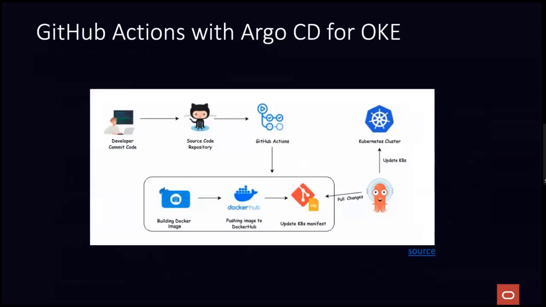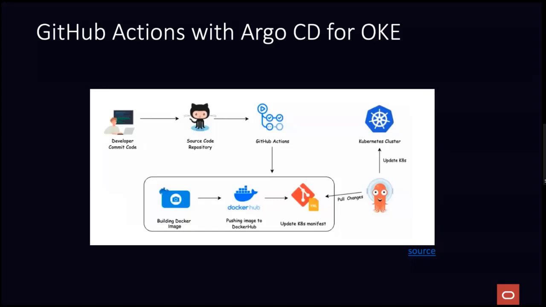I have a simple GitHub repo with code, which the developer normally commits, and it goes to the source GitHub repository. I already have some GitHub Actions, which I can show you, and how they are configured.